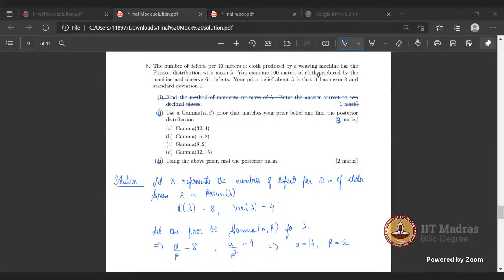distribution with mean lambda. Okay, so let's say your random variable x is modeled using the Poisson lambda, and it gives the number of defects you have per 10 meters of cloth. Now you have examined 100 meters of cloth and you have observed 61 defects. It means in total you are taking n equals 10 such cloths, and from there you have observed 61 defects, right?